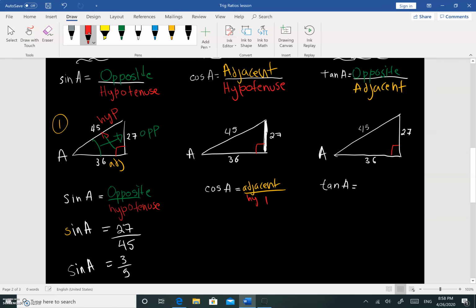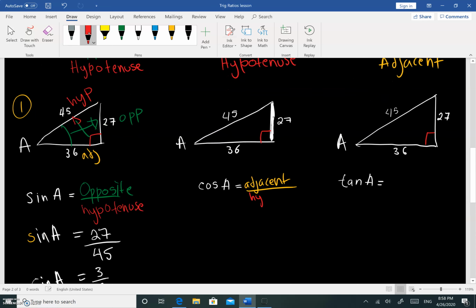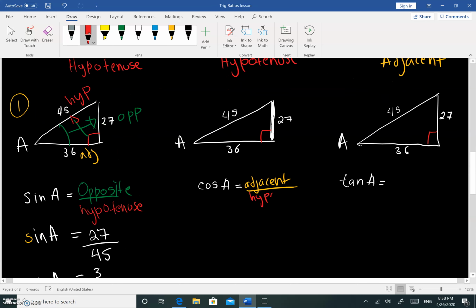Now, what is 27 to angle A? Well, that's actually going to be my opposite, right? And then 45 is going to be my hypotenuse, because it's the one opposite to the 90-degree angle. Therefore, my last one is going to be the adjacent.